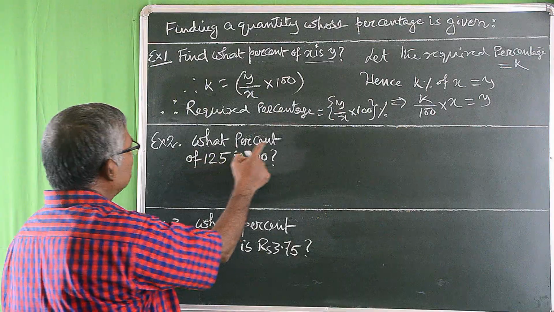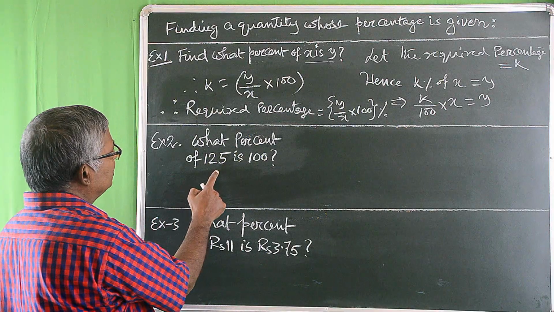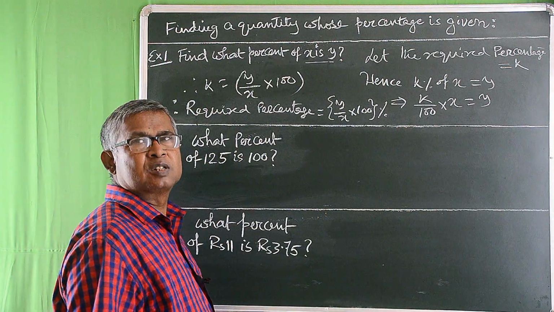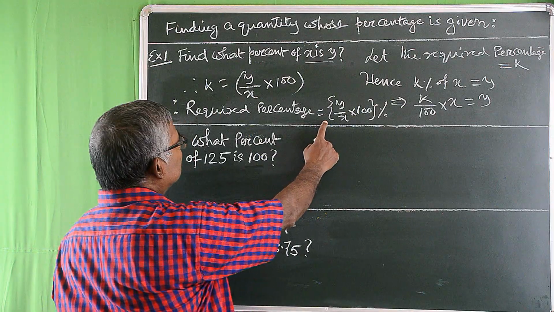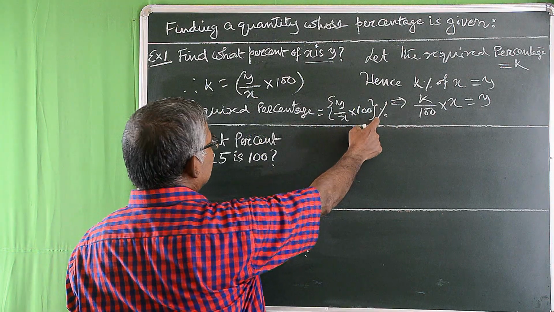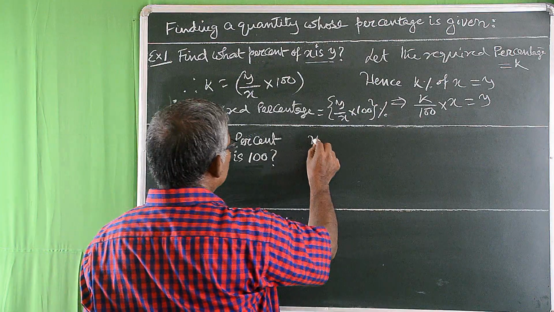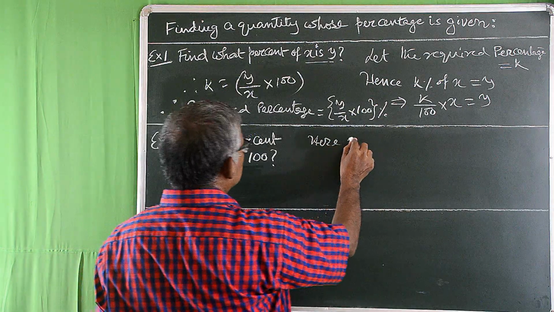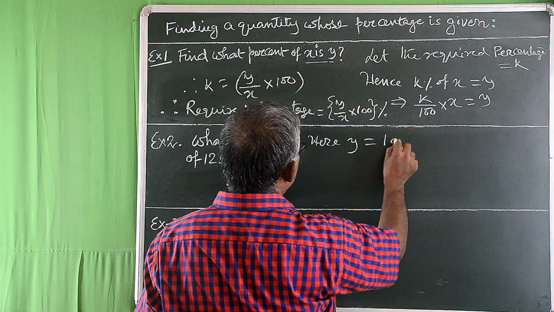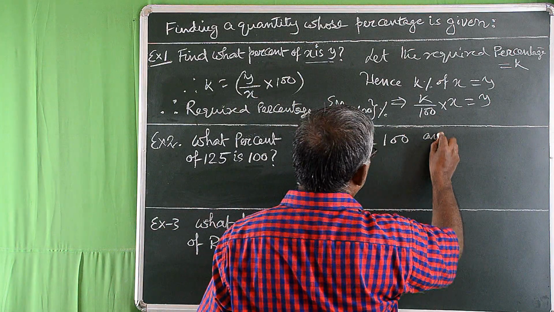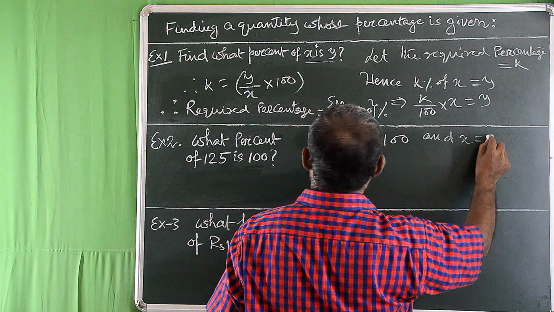Let us consider the second problem. What percent of 125 is 100? Students, if we apply the formula, that is y by x into 100%. So here y equals 100 and x equals 125.